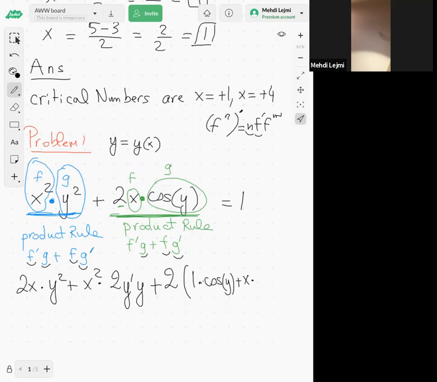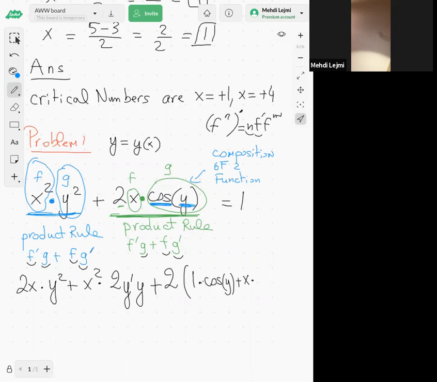So it's a composition of 2 functions: the cosine, that's the first function, of y, that's my second function.